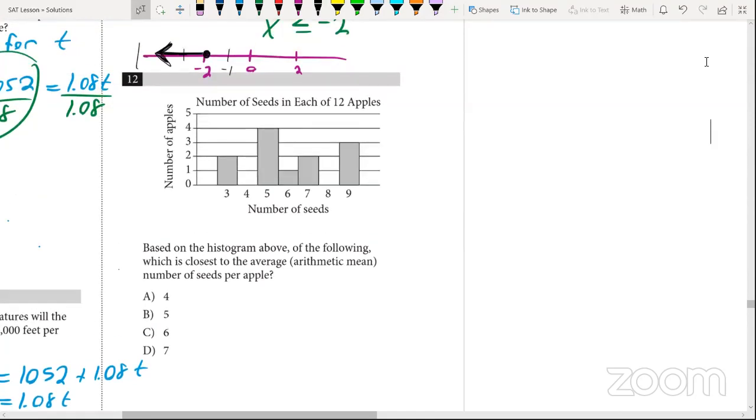Okay, number 12. A histogram is a frequency chart, and they tend to confuse people a whole lot. So we need to know that there are 2 apples with 3 seeds, 4 apples with 5 seeds, 1 with 6, 2 with 7, and 3 with 9.